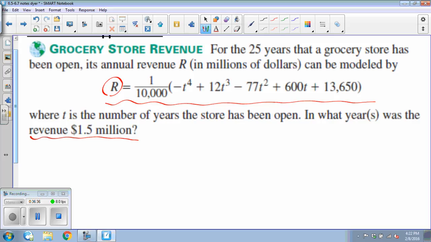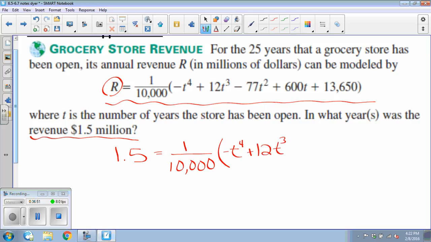And so we write the equation 1.5 equals 1 over 10,000 times, and we're just copying, negative t to the fourth plus 12t to the third minus 77t squared plus 600t plus 13,650. Okay?